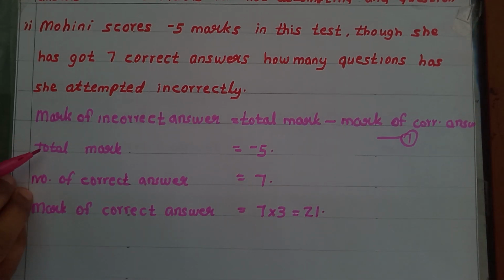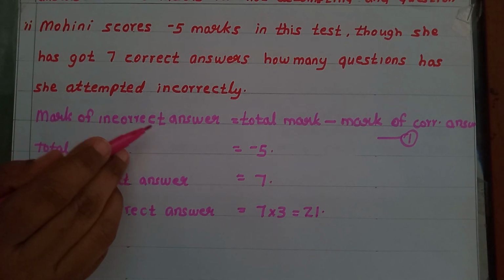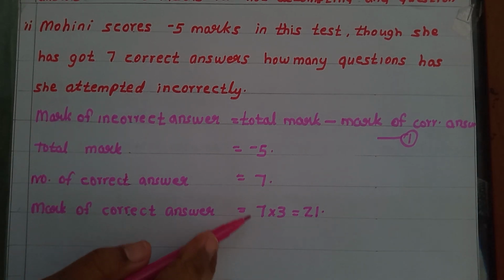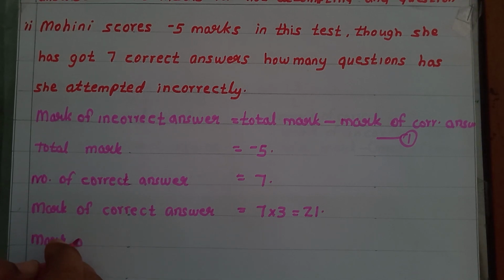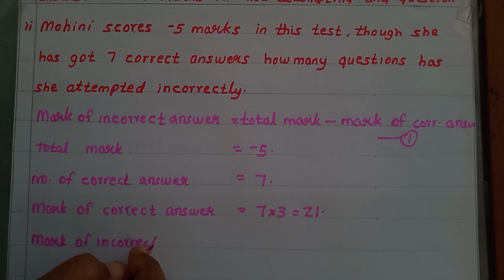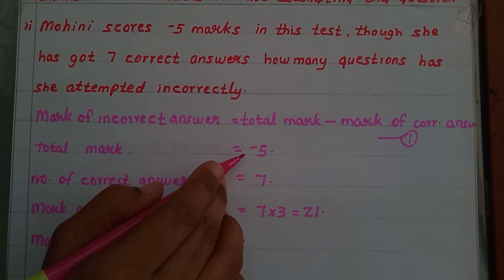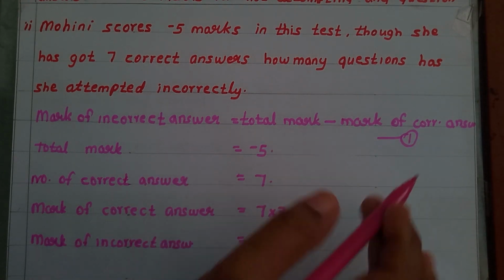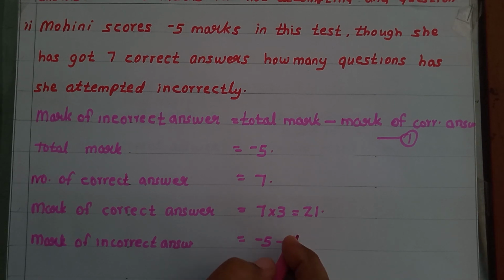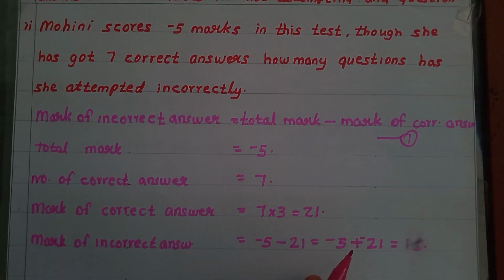So mark of incorrect answer equal to, substituting these two values in equation number 1, total mark, that is minus 5, minus mark of correct answer, that is 21. Minus 5 minus 21. Minus 5 plus minus 21.